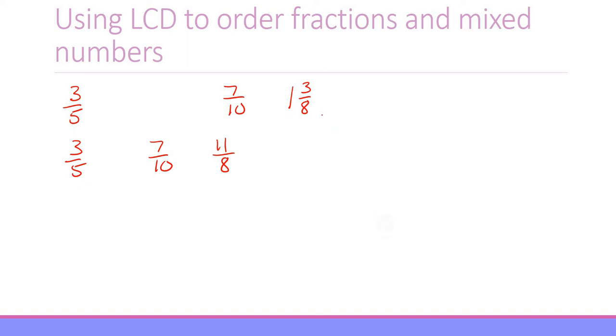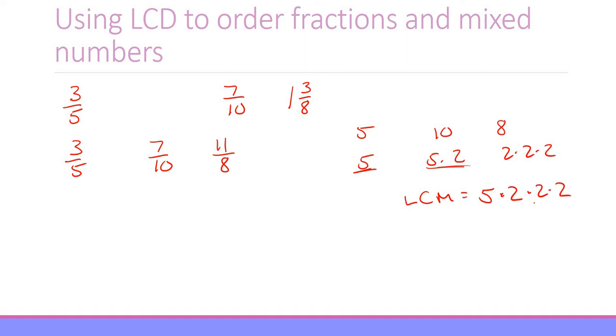So again, the common denominator of 5, 10, and 8. 5 doesn't factor. 10 is 5 times 2. And 8 is 2 times 2 times 2. So my least common multiple is 5. That's taken care of. 10 needs a 5 and a 2. That's taken care of. And 8 needs 3 2's. So my least common multiple is 40.